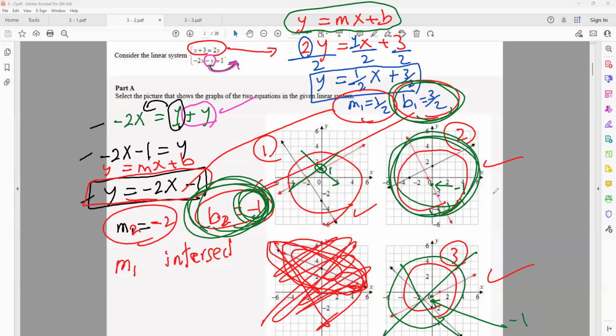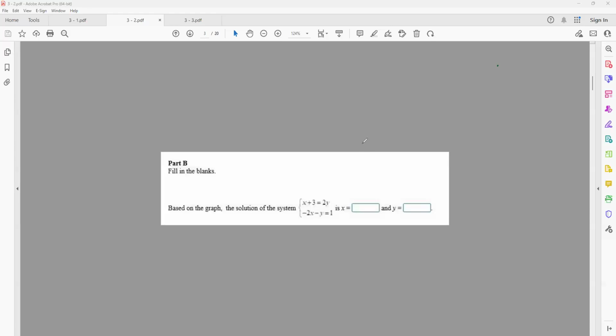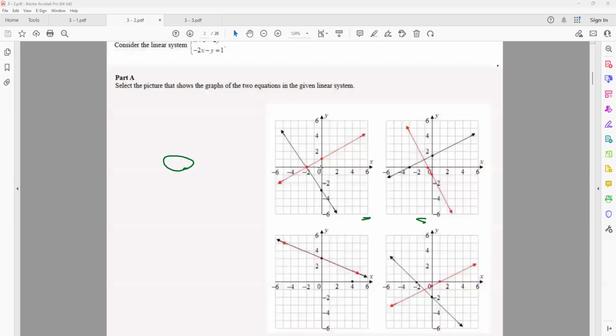Here, for this question, we want to find the value of x and the value of this part b. Going back to the graph, we have selected this one as the graph. So where is the answer? It will come from solving with this graph.